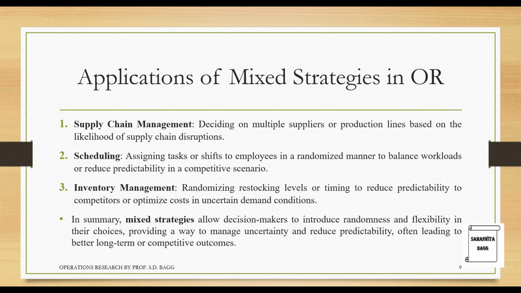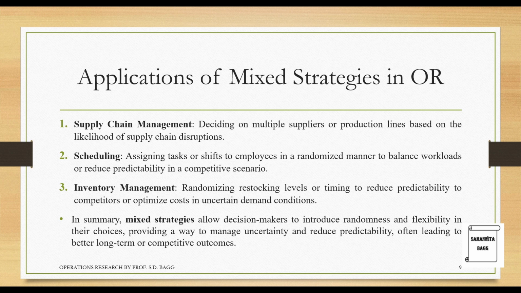Applications of mixed strategies in OR: supply chain management, deciding on multiple suppliers or production lines based on the likelihood of supply chain disruptions; scheduling, assigning tasks or shifts to employees in a randomized manner to balance workloads or reduce predictability in a competitive scenario; inventory management, randomizing restocking levels or timing to reduce predictability to competitors or optimize costs in uncertain demand conditions.